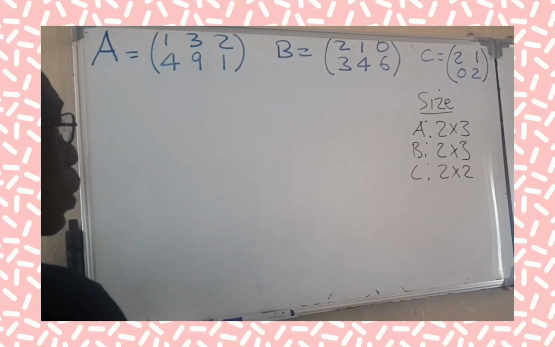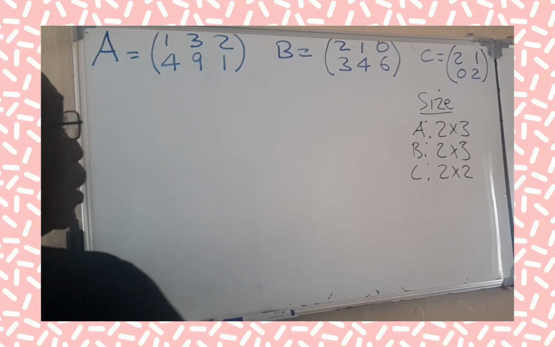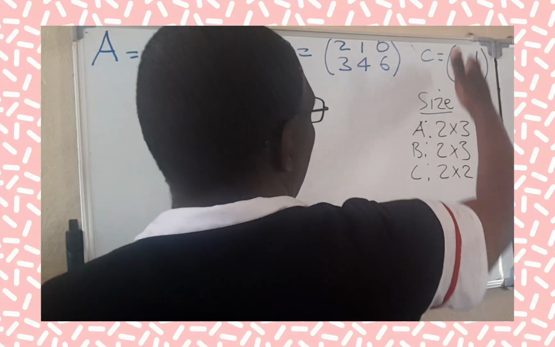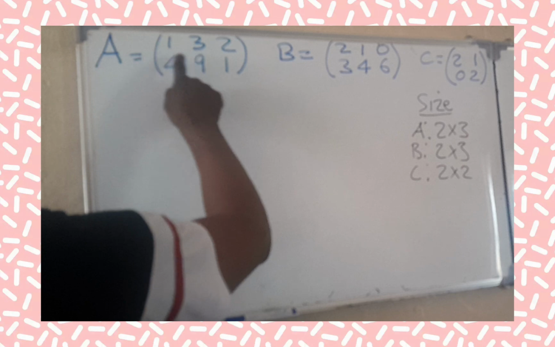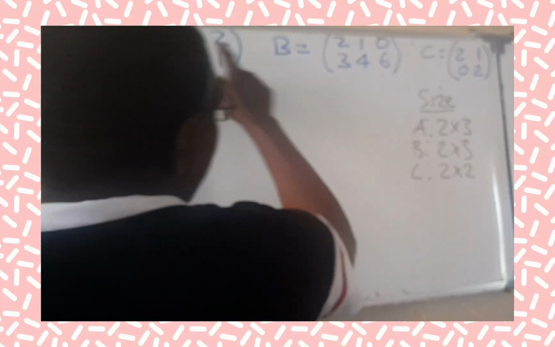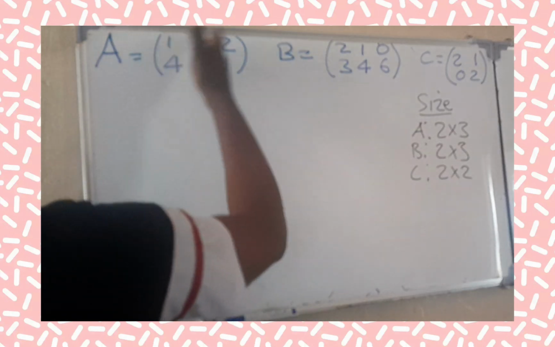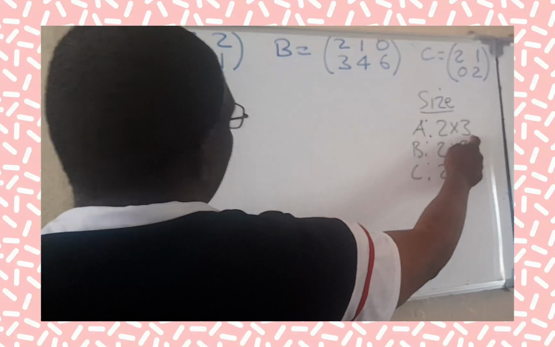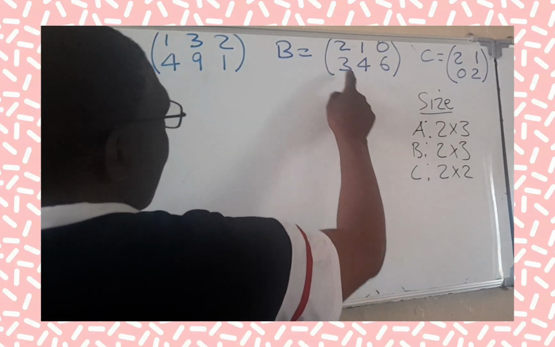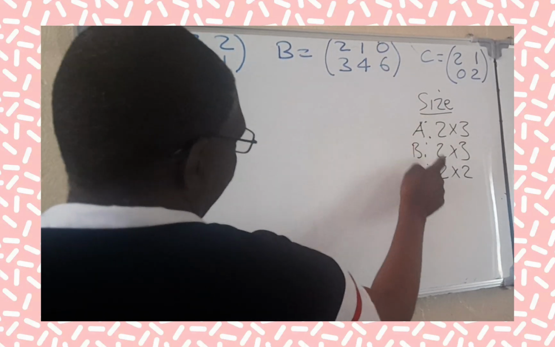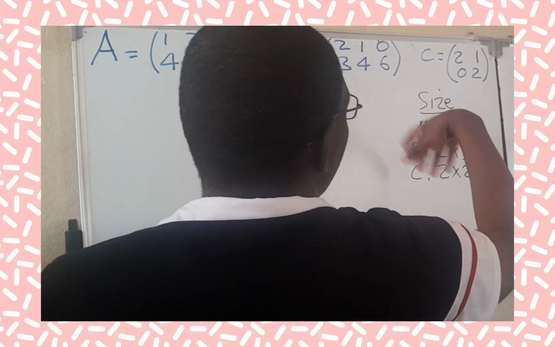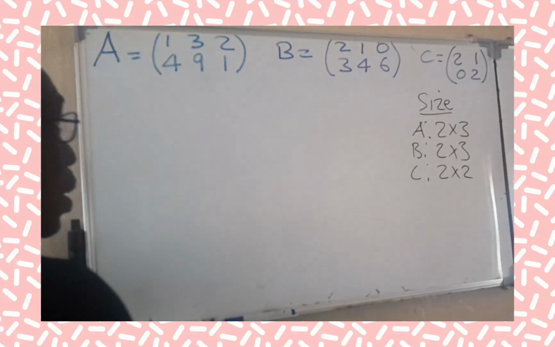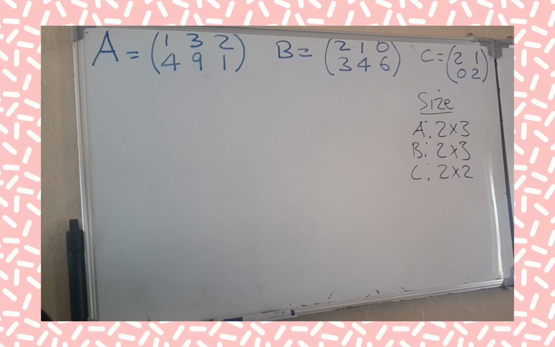It is said to be a square matrix because the number of rows is equal to the number of columns. The thing to remember is that you give the number of rows first. For A, it's 2, then you give the number of columns, and it's 3. For B, it's the same thing, 2 rows first, and then 3 columns. For C, of course, the number of rows is equal to the number of columns, and it's a square matrix.